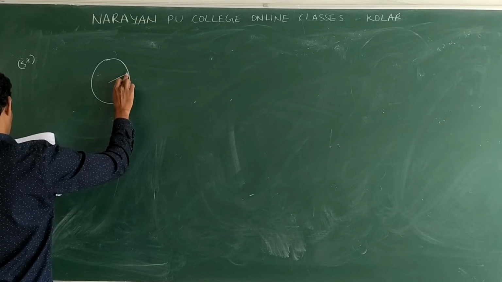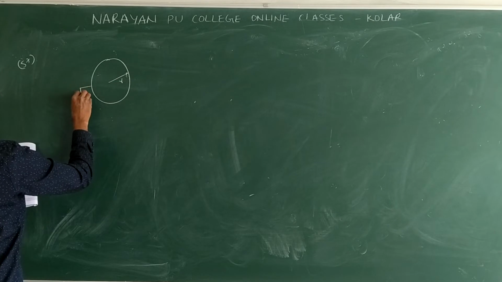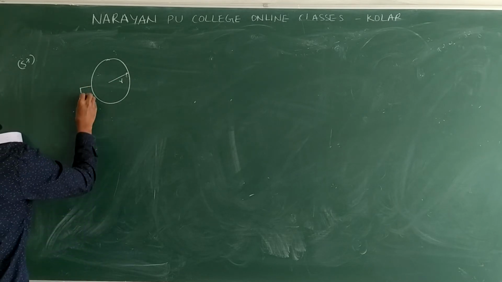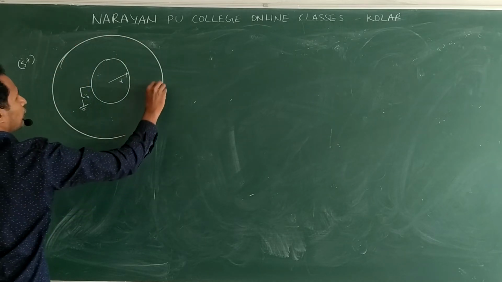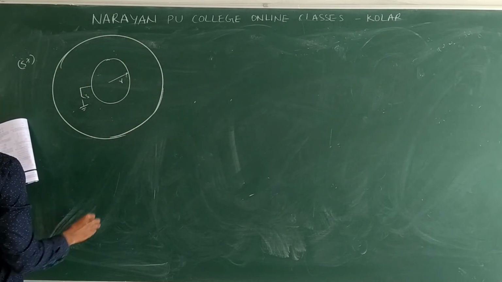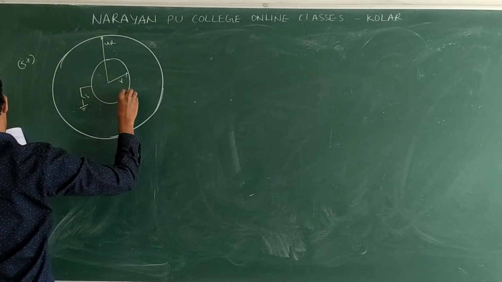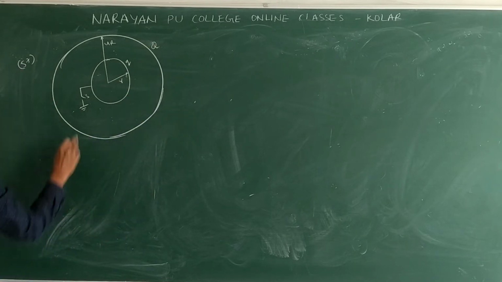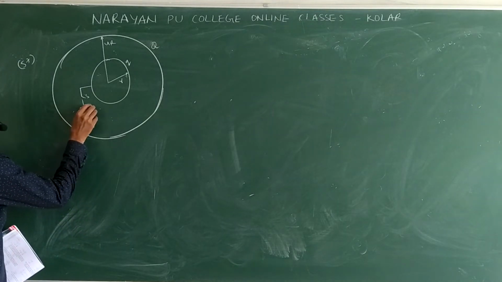This radius is small r. This they are grounding. The outer shell is there. This is given for this capital Q, and take this small q. Before switch is closed, first find out.